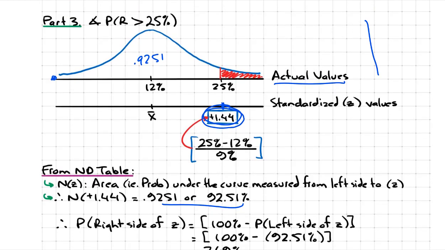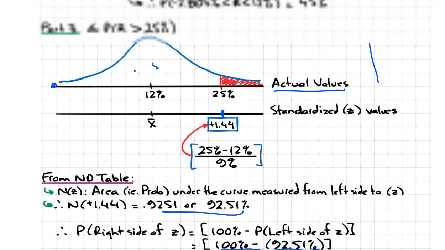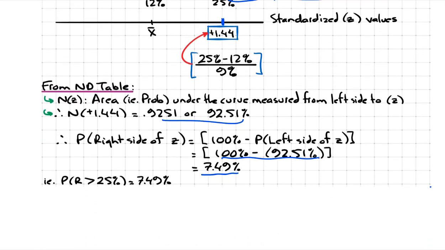It'd be 1 minus this, or alternatively 100% minus 92.51%. So the resulting tail area would be 7.49%. And now we can answer the question. The question was, what's the probability that the return will be greater than 25%? And we have that answer. The probability that the return will be greater than 25% is 7.49%.